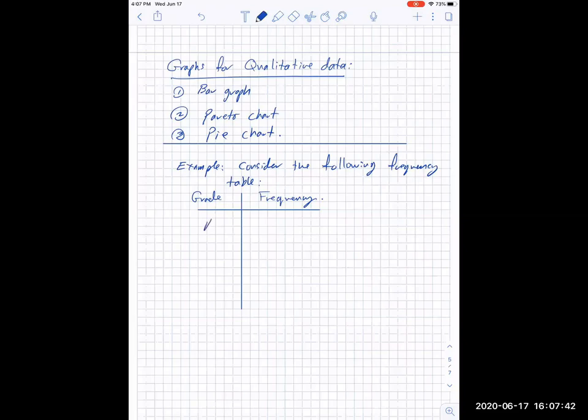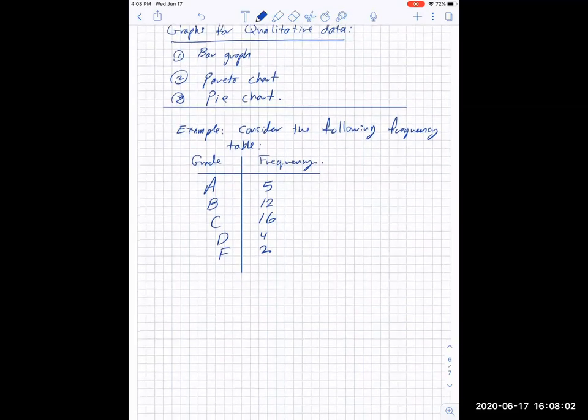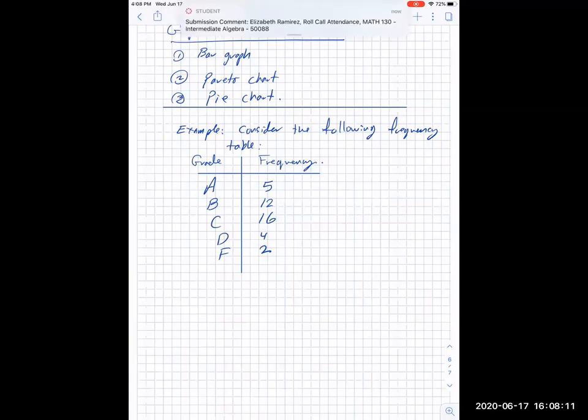Let's say A, 5, B, 12, C, 16, D, 4, F, 2. All right, so notice now my data is qualitative, categorical. We're talking about letter grades, not numerical. And these are the frequencies.